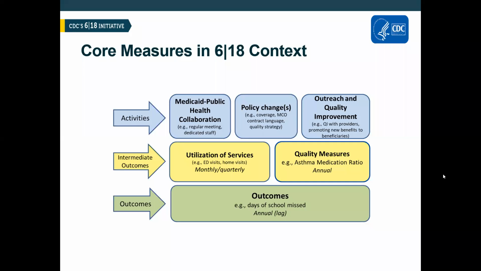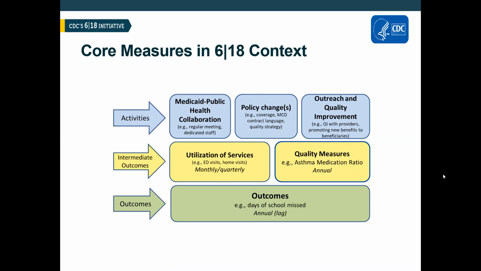So let's say at the activity level, if your state's efforts are focused on health systems change to increase provider screenings or assistance to quit and referrals, and maybe you're also working on expanding barrier-free coverage for Medicaid recipients, what are some outcome indicators you may want to consider?